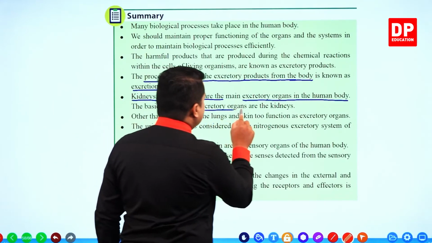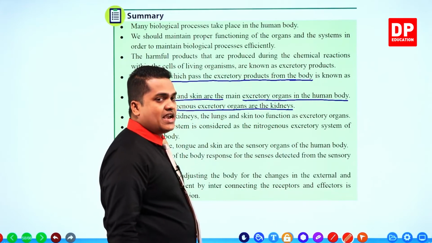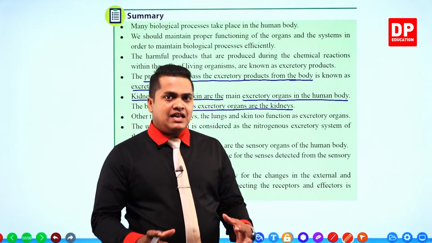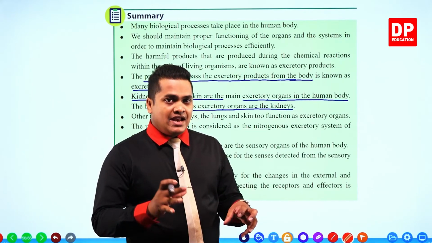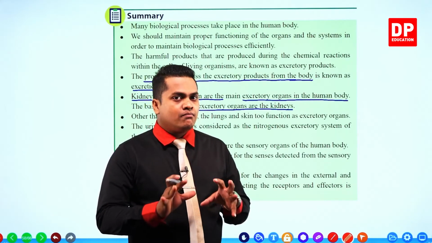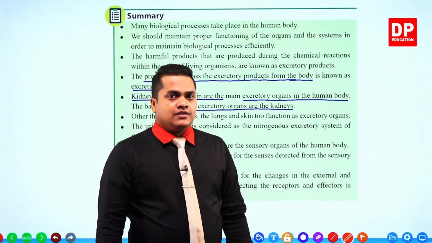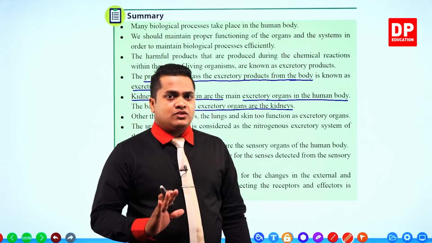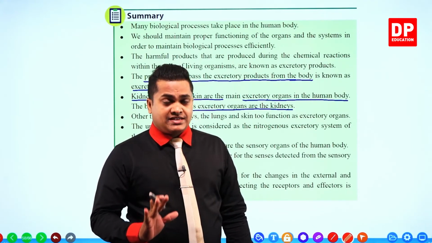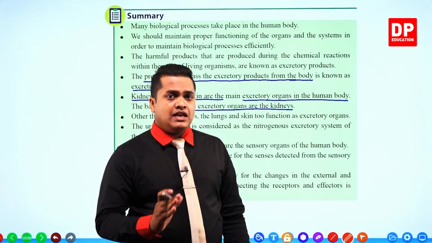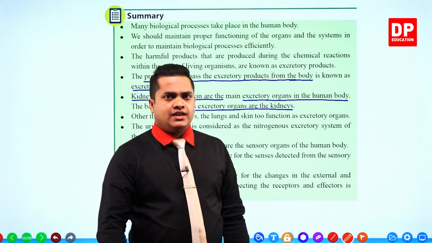Nitrogenous waste like urea and uric acid is mainly filtered out by our kidneys. So the nitrogenous waste or excretory substances are mainly processed by the kidneys.